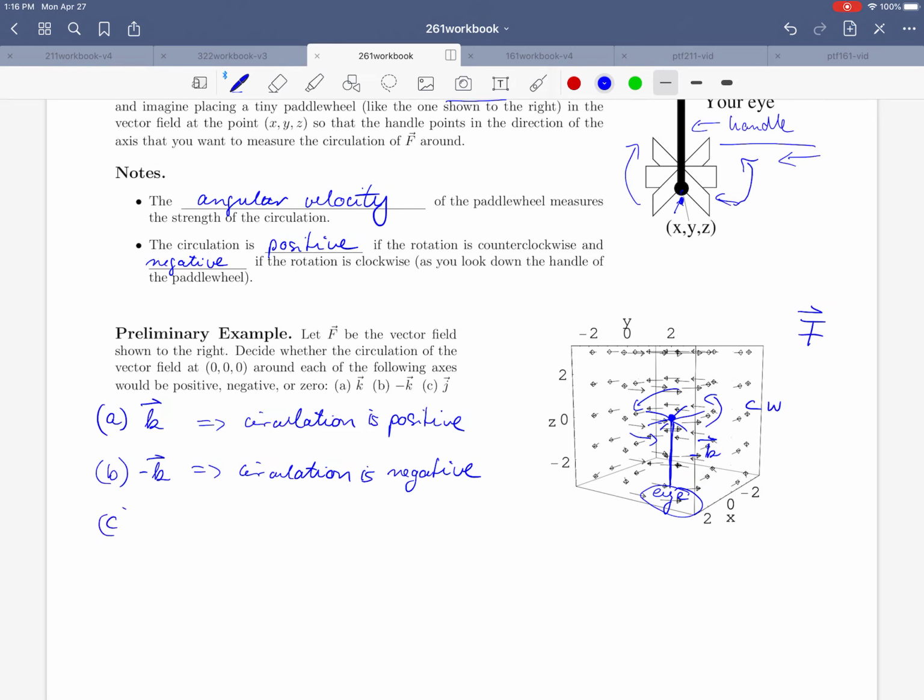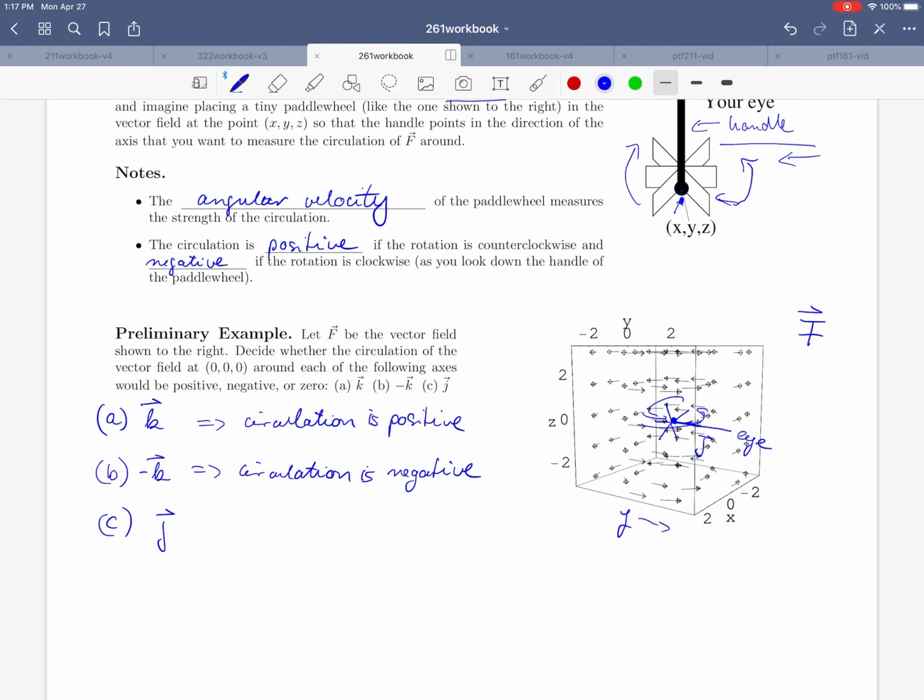And then for the third example, we are putting in the handle in the direction of J. Okay, let me clear my drawing. So now we still have the bottom of the pedal wheel at 0, 0, 0. The y-axis right here is my y-axis. So we are pointing in the positive y direction with vector J. This is J. So my eye is over here on the right. The pedals are sticking straight up and down, and the rotation is still going around like in the plane parallel to the XY plane.